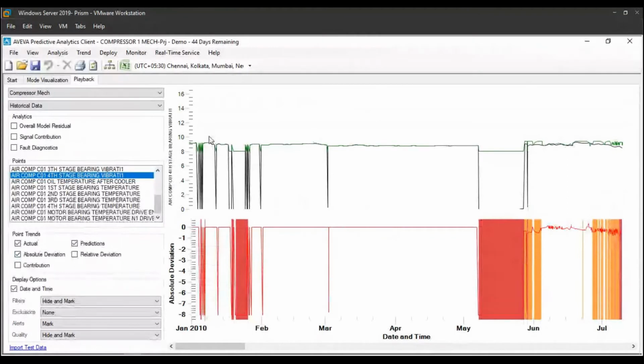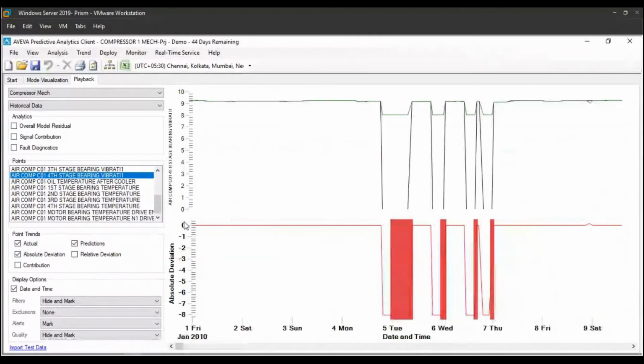If I zoom in on this area, we will see these red bands. These red bands indicate the alarms for the deviation for this particular sensor, which in this case is the 4th stage bearing vibration.